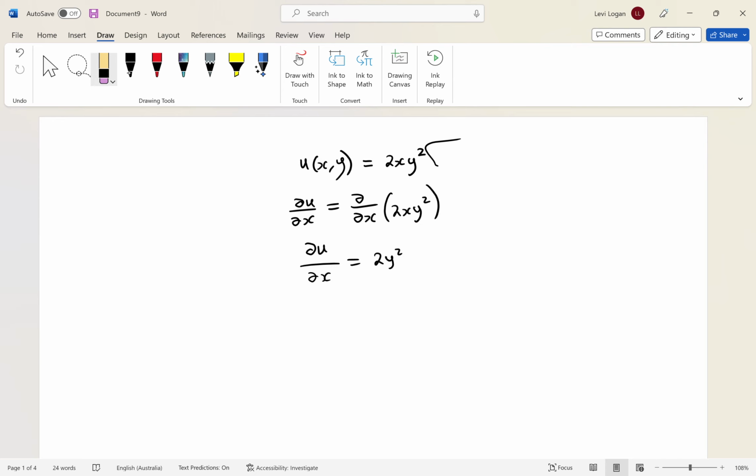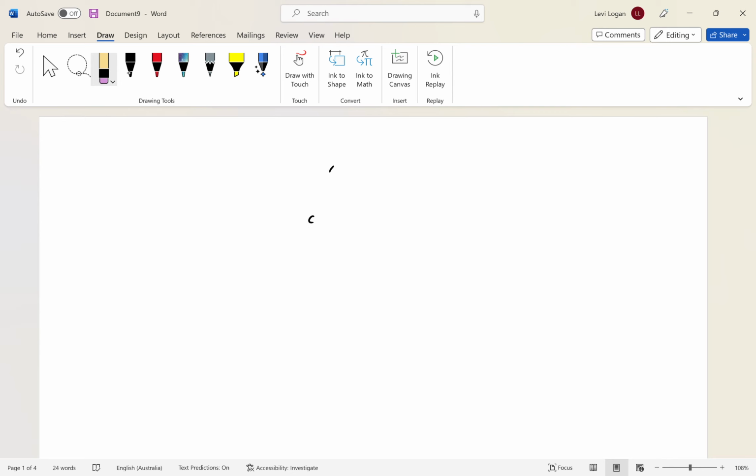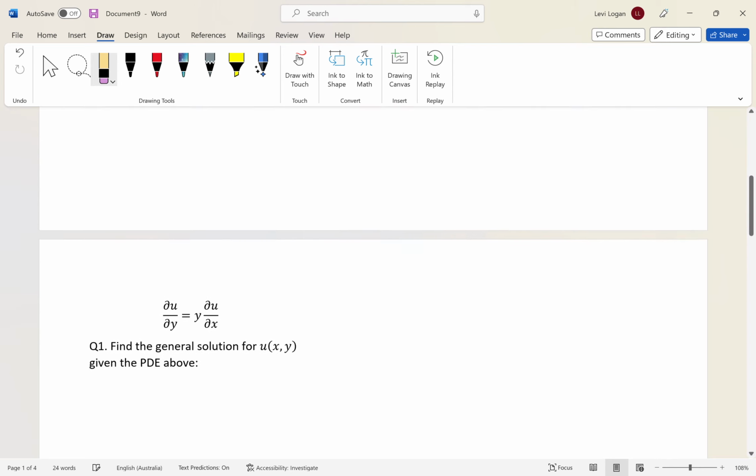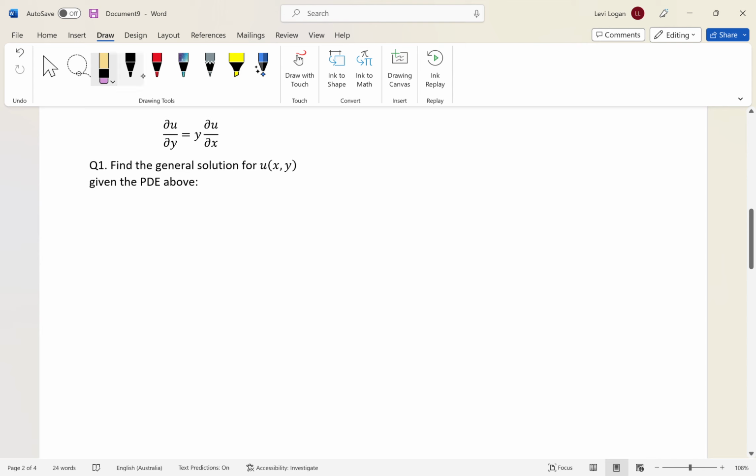Alright, so let's get straight into it. Let's go down to the very first question. This is the PDE that we'll be solving for equation 1. The partial derivative of u with respect to y is equal to y times the partial derivative of u with respect to x. Find the general solution for u of x and y given the partial differential equation above.